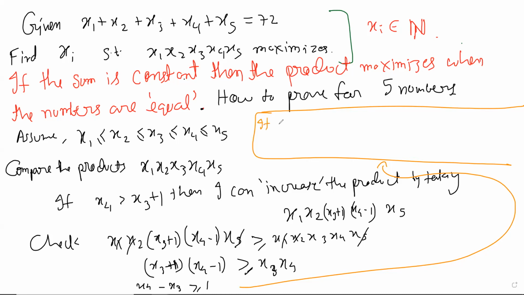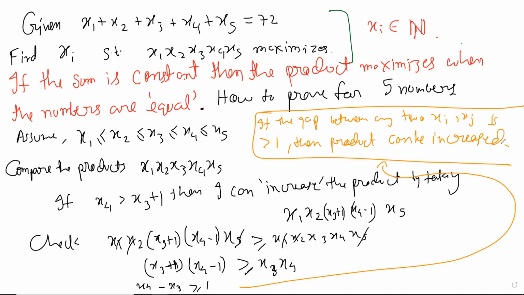If the gap between any two xi, xj is more than 1, then the product can be further increased. Is that right? Okay, so this means that eventually you must go to the place where the gap is not more than 1.